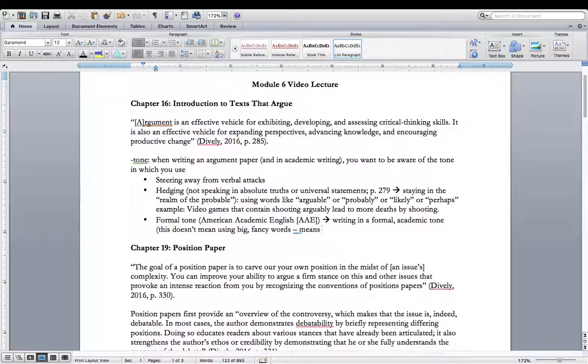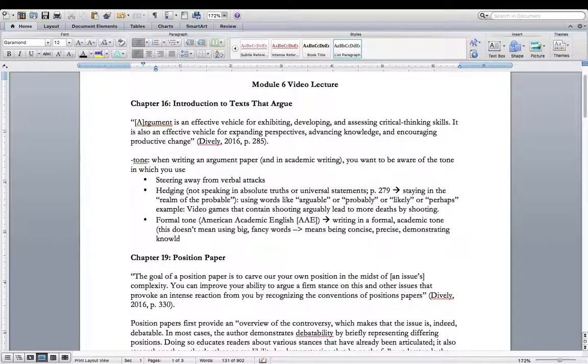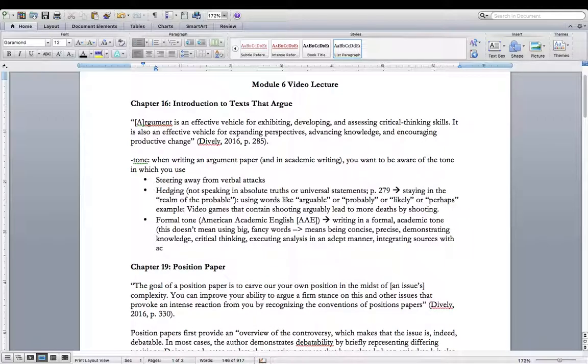It means being concise, precise, demonstrating knowledge, that all-important critical thinking, executing analysis in a really adept way, and integrating sources with acumen.